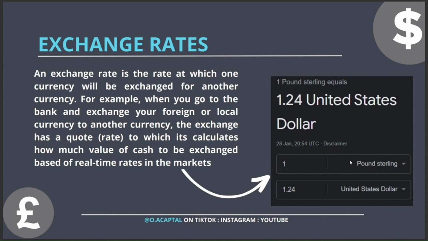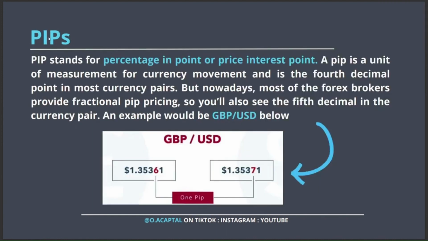Okay, moving on. So now this is something that is very important. I want everyone to pay attention. This is something that we traders use to calculate how much profit we are making when we're in a trade. So for example, as we can see here, the pound USD, another example. The pip stands for percentage in point or price interest in point.